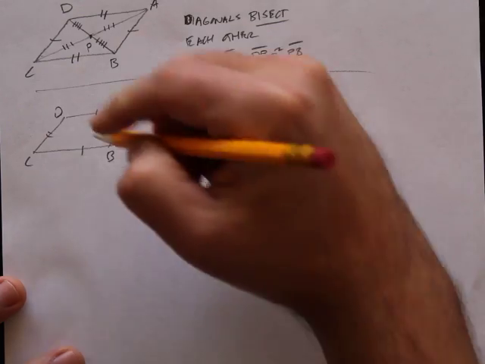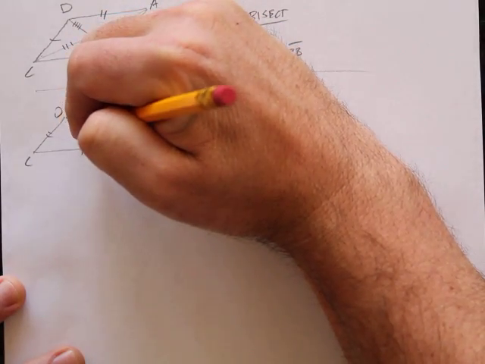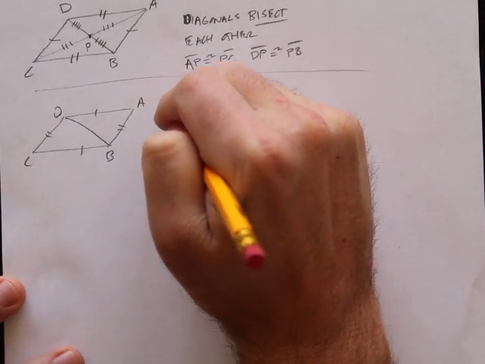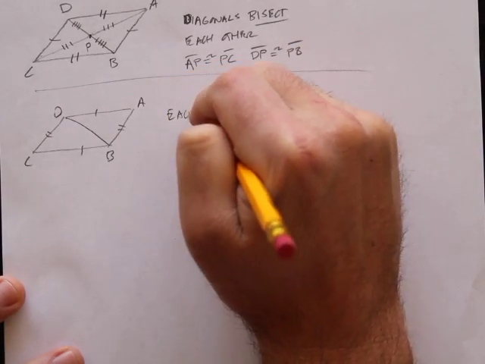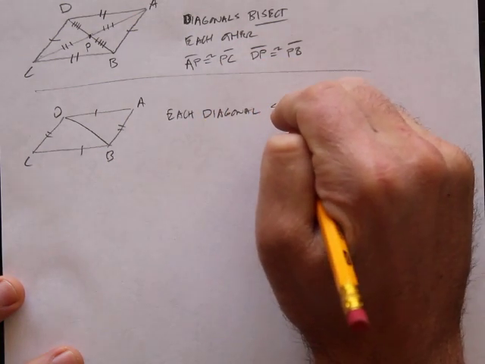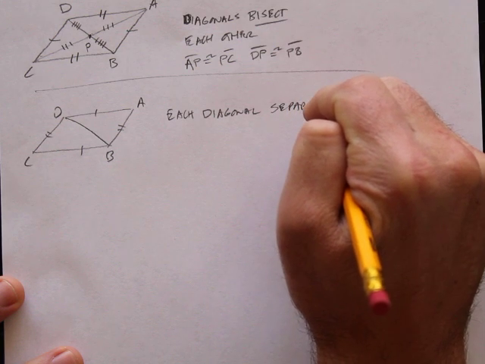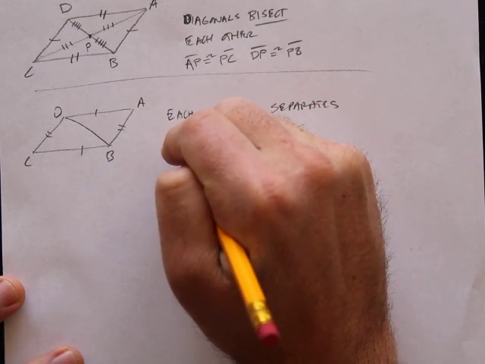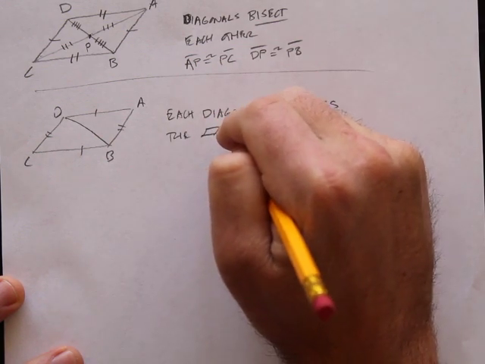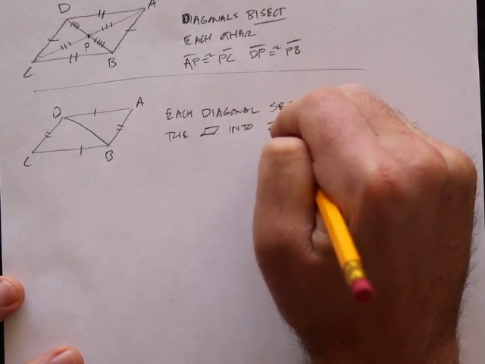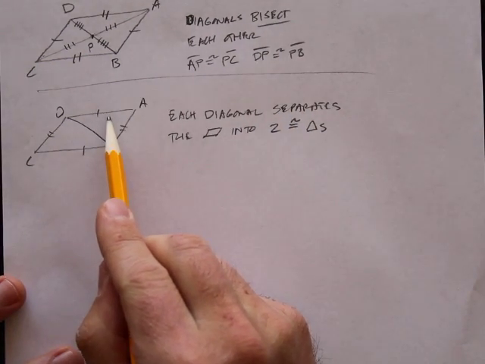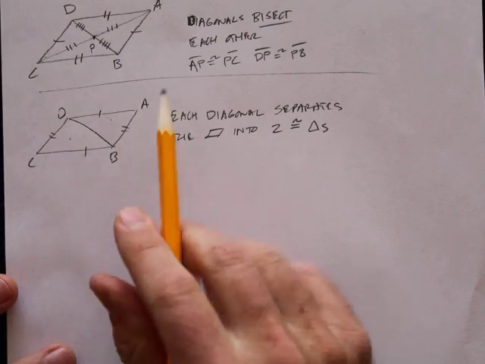Now, if I draw a diagonal here from D to B, each diagonal separates the parallelogram into two congruent triangles. So this triangle is congruent to this triangle.